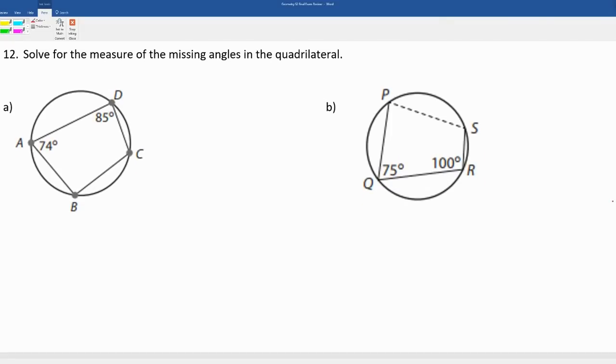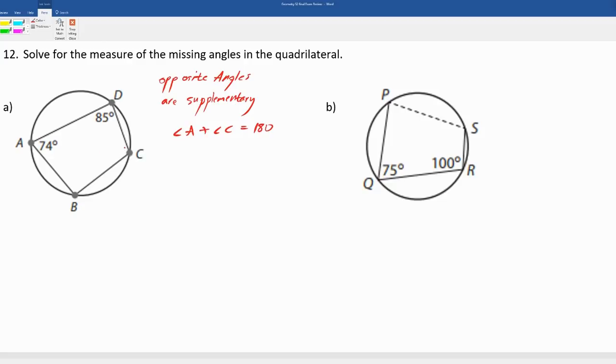All right, number 12. Solve for the measure of the missing angles of the quadrilateral. What we should know right away is that these are inscribed quadrilaterals and opposite angles are supplementary. That means angle A plus angle C have to add up to 180.